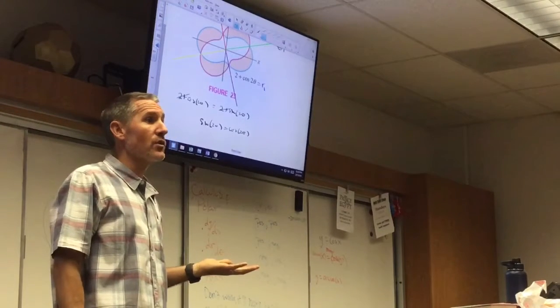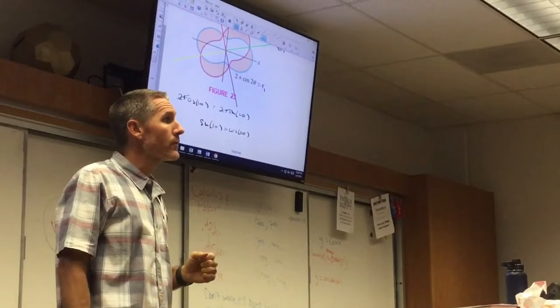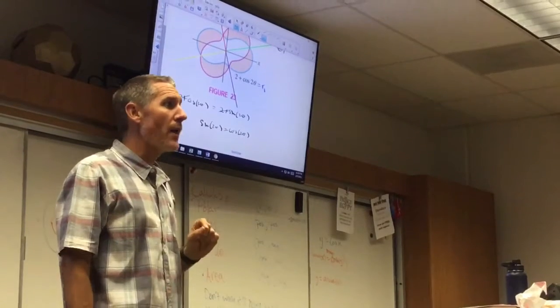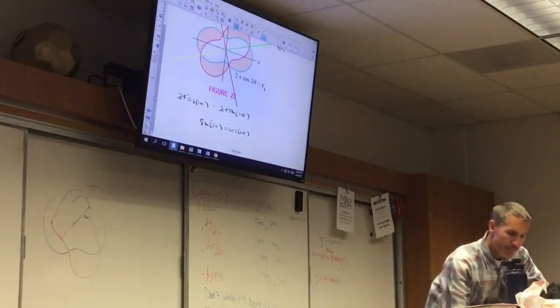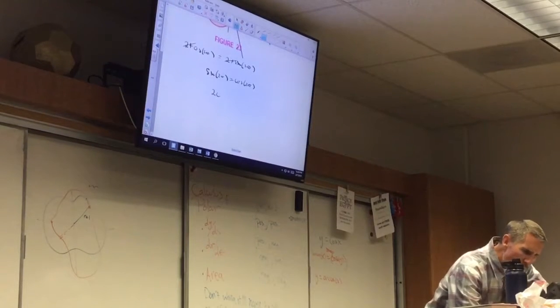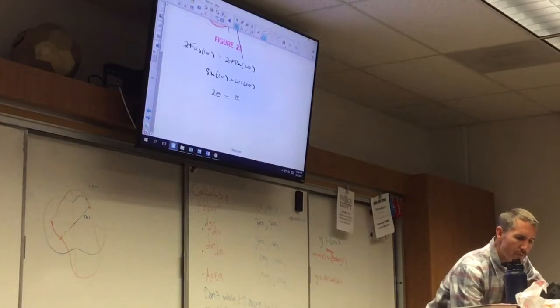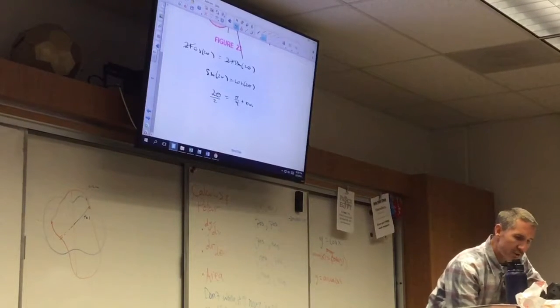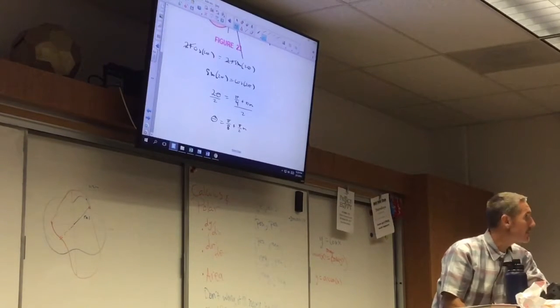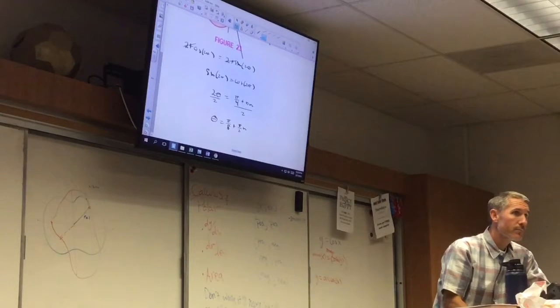Pi over 4, and also what? 5 pi over 4. So it's pi over 4 plus pi n. So I know that 2 theta is equal to pi over 4 plus pi n. So then I'm going to divide by 2 and get that theta equals pi over 8 plus pi halves n. Does that make sense?